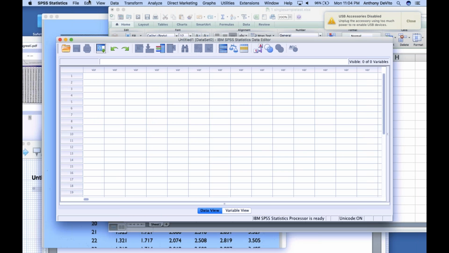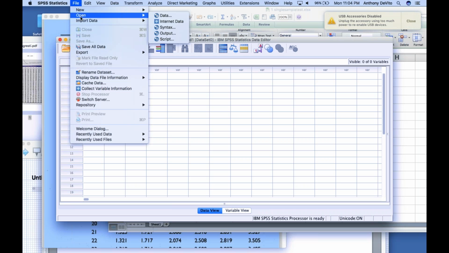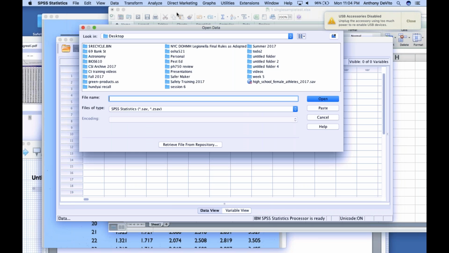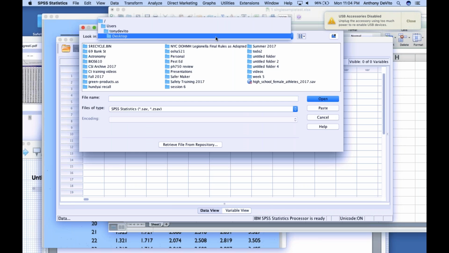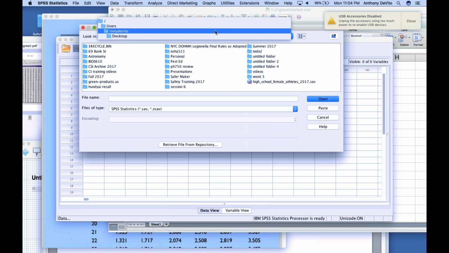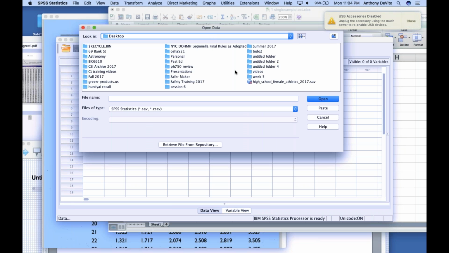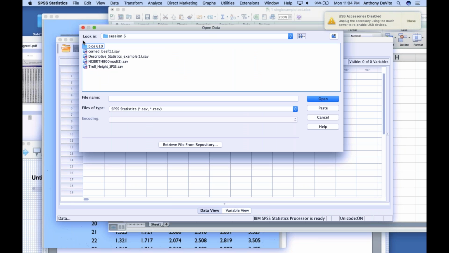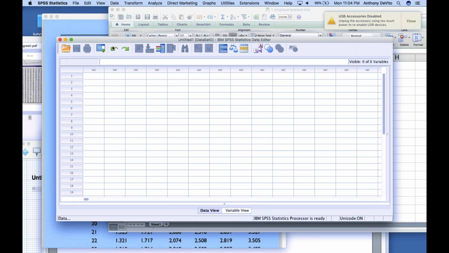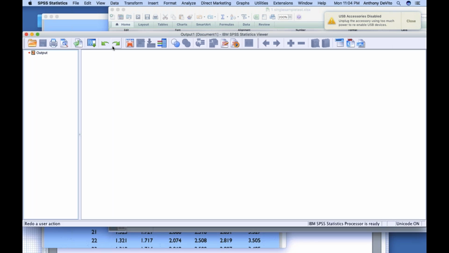Oh, I don't want to do that. Open, data, and I'm going to navigate to desktop. And let's see. I think I'm in here. And I think I'm in here. And here we go. Single sample. It's the same numbers, I believe.